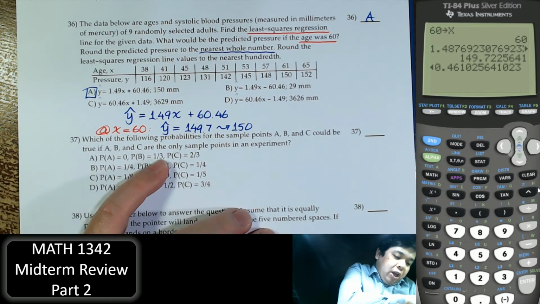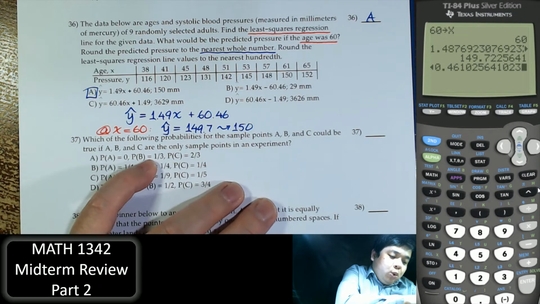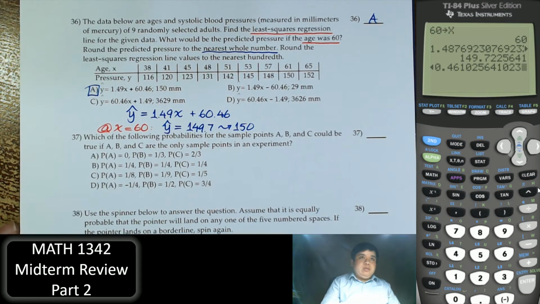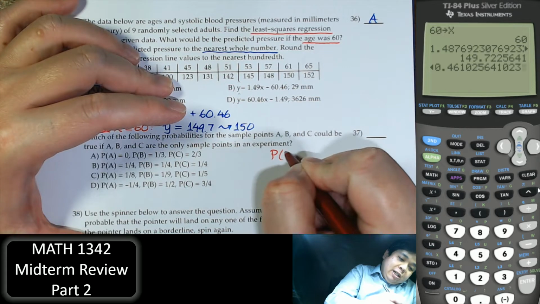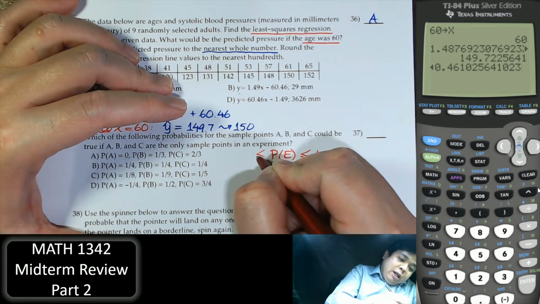Next, which of the following probabilities for the sample points A, B, C could be true if A, B, and C are the only sample points in the experiment? So now just properties: the probability of any event has to be less than or equal to 1 and greater than or equal to 0.